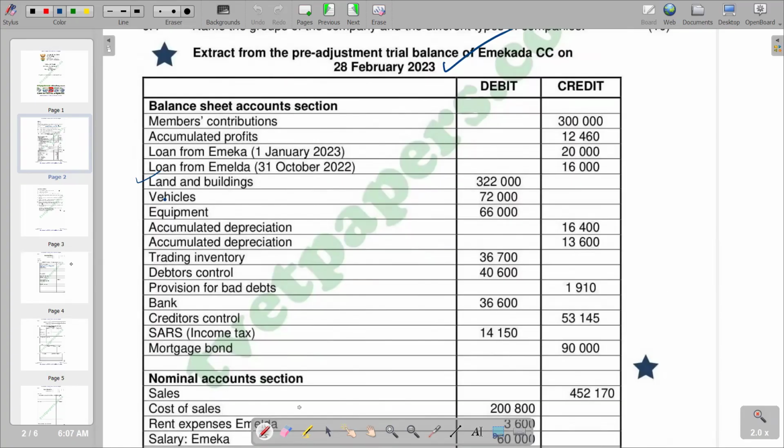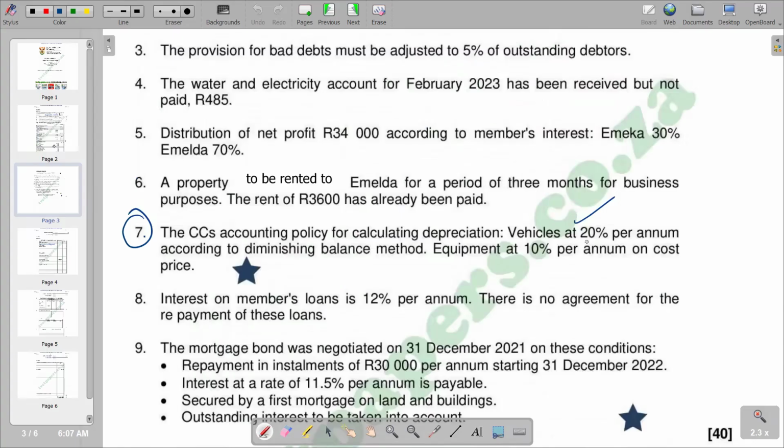So according to information given, the rate is 20%. So we are going to use our 20% as our rate, but it's using the diminishing balance method. So we need to calculate that.